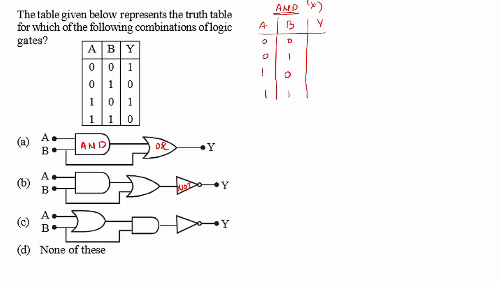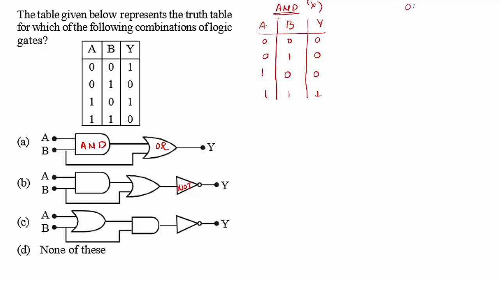So 0 into 0 will be 0, 0 into 1 is 0, 1 into 0 is 0, 1 into 1 is 1. AND means we have to include both the values, that is, including both 1 and 1. So 1 into 1 will be 1. This is the truth table for AND gate.